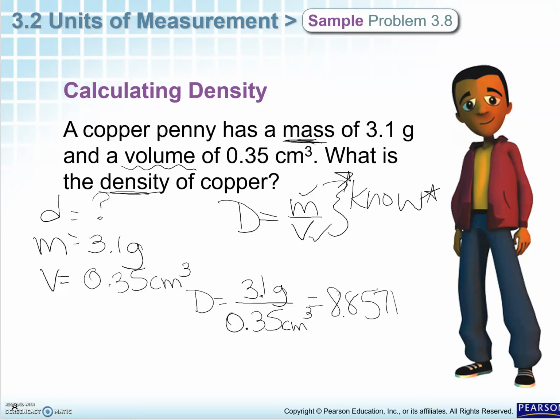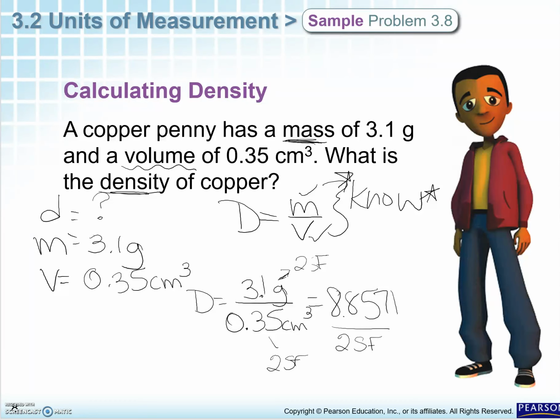But let's see how many of these numbers we are allowed to keep that are significant. If you remember our division rules, we can keep the sig figs which match the least number of significant figures in our numbers that we plugged in. So our top number has 2 significant figures. Our bottom number has 2 significant figures. So our answer can have 2 significant figures.